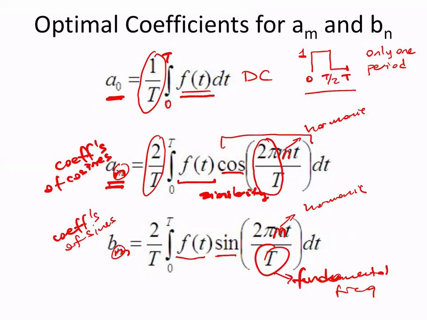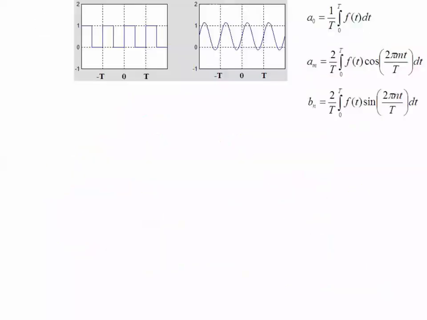So I take my signal, multiply it with a cosine, take the integration along the period, and then multiply by 2 over T to obtain ANs and BNs, or BMs, okay.